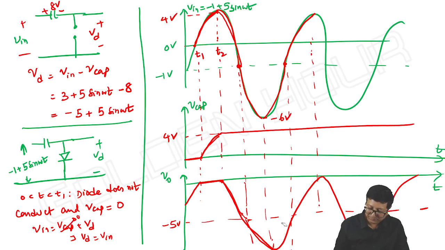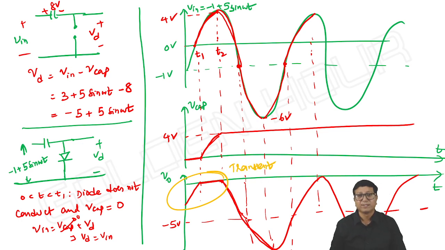Is it not so? Anyway, don't worry about the waveforms, just look at the concept. I wrote some waveforms here and there, doesn't matter. And this particular portion, I can say this is the transient. Okay, this is the idea here. This is how we can see the analysis.